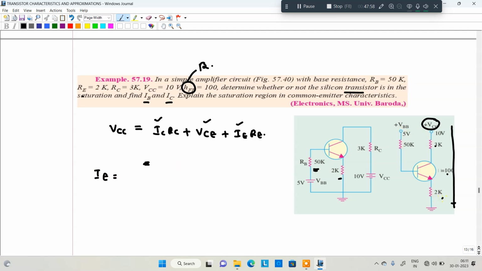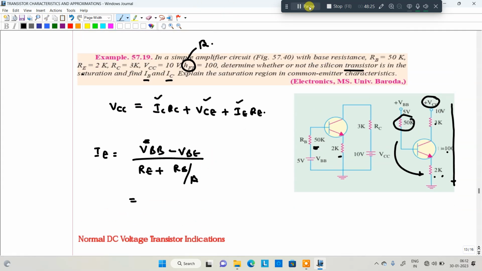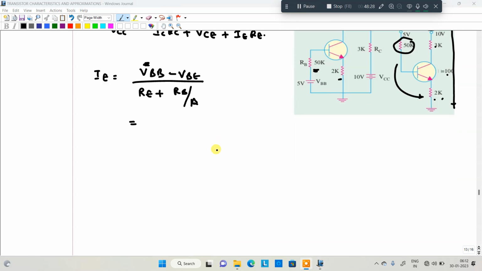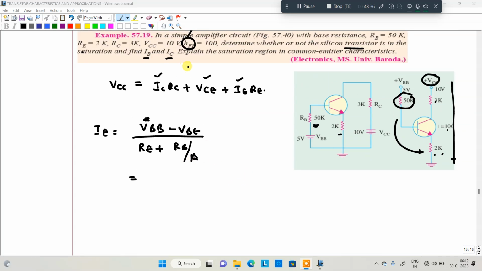How do we find the emitter current IE? IE is equal to VBB minus VBE divided by the resistance RE plus the base resistance referred to the emitter. Beta rule I explained already: RB divided by beta. What is the VBB value? Let me verify.